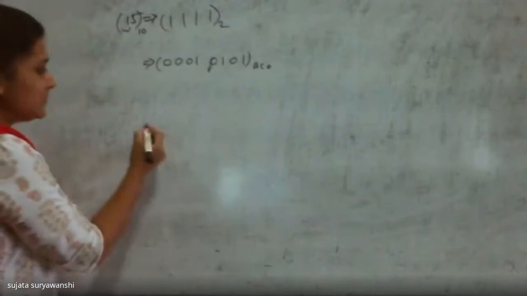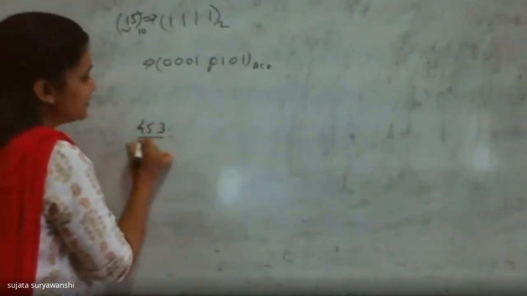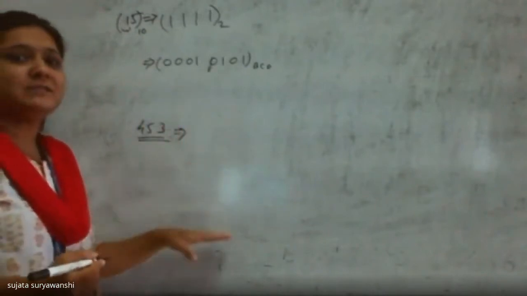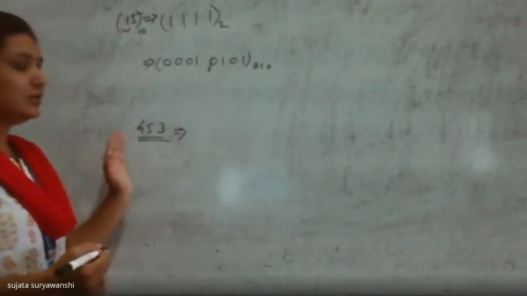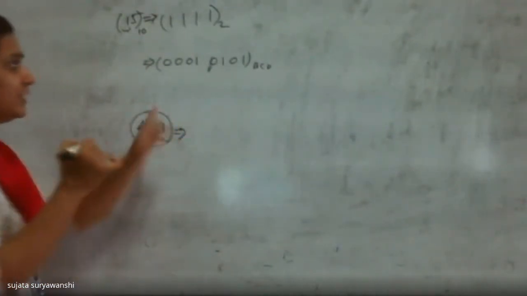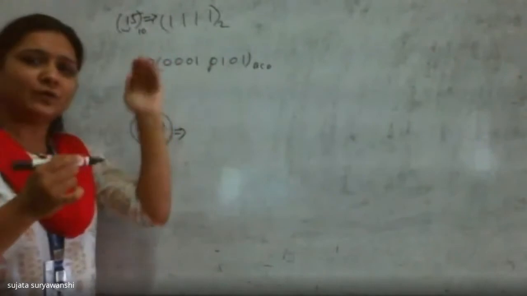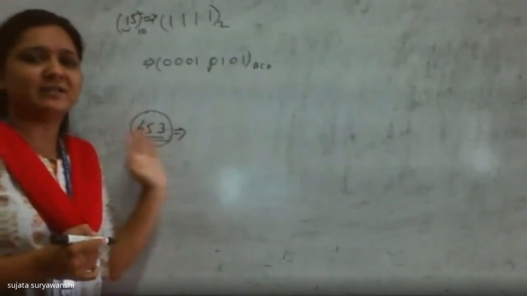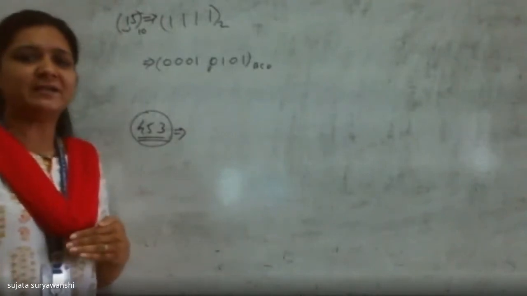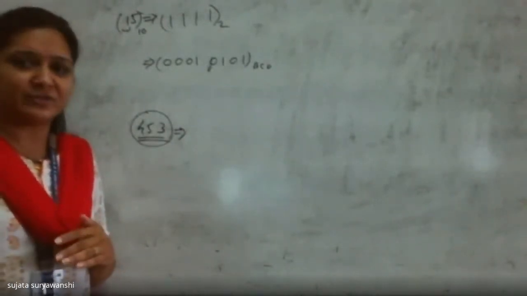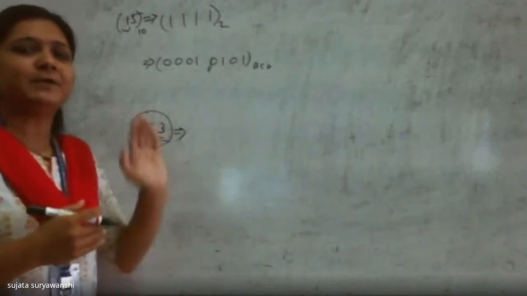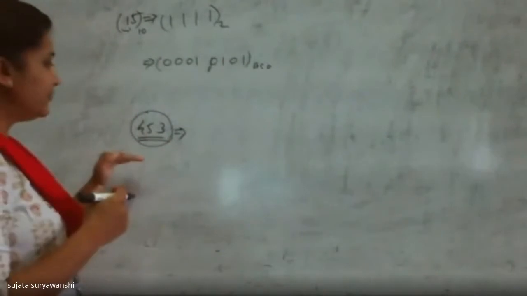Suppose 453 is your decimal number, and you want to write the binary and BCD equivalent. To convert the given number into binary, you need to follow all the steps: divide the given number by base 2, keep all the remainders, and write them in reverse order. This is the procedure to convert a decimal number into binary, and it is very lengthy.